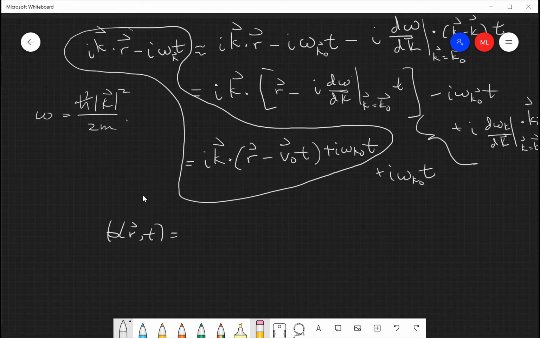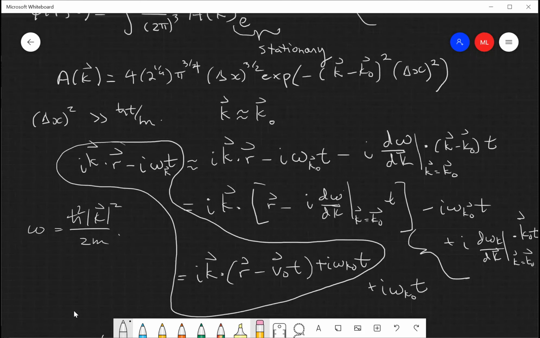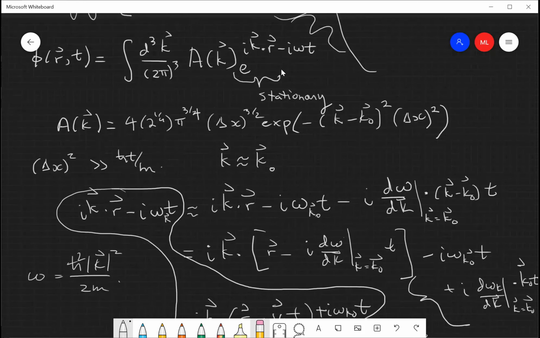It looks like a phase times the wave function of your initial state just shifted by some amount v naught t, and this is the velocity, like that.